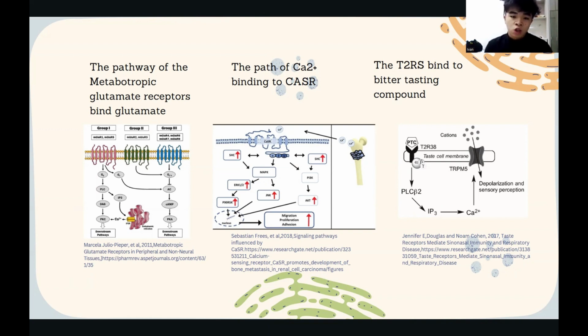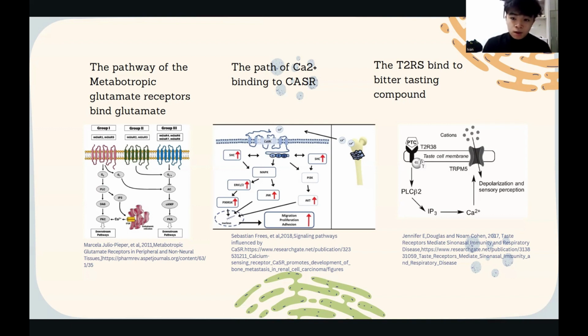G alpha subunits exchange GDP for GTP, which activates the G protein, and the G alpha and G beta-gamma subunits dissociate and interact with downstream effectors inside the cell. Now, these could go either Gq or Gi.